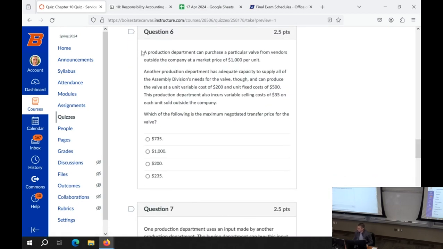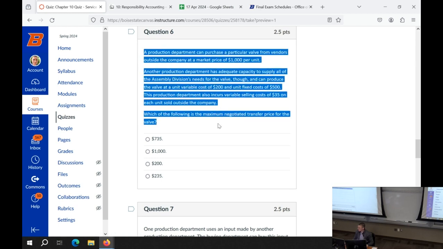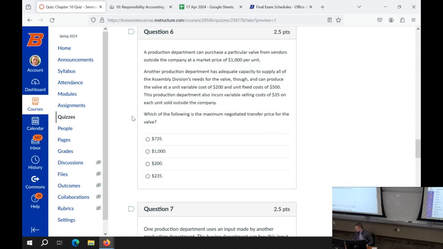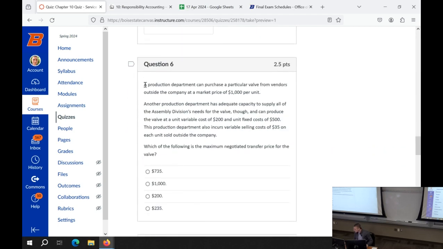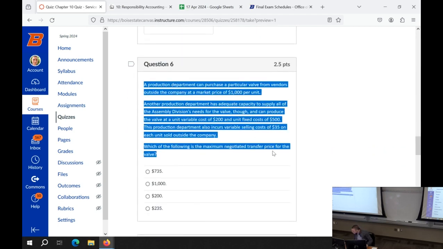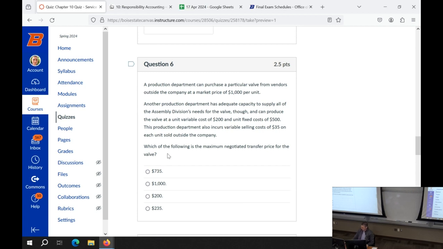All right, so here is a question in a different font. I don't know why, it's a smaller font. Sometimes when I move things around, when they were copied over from Blackboard to Canvas, they end up in weird fonts.